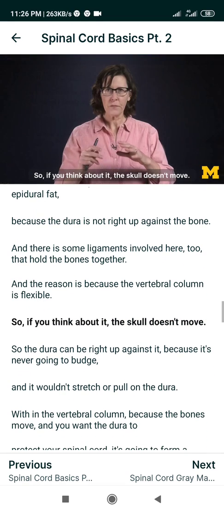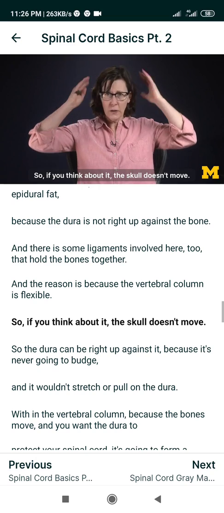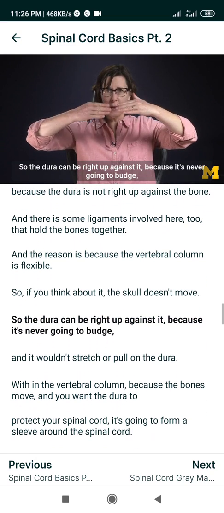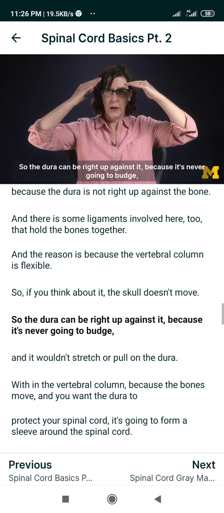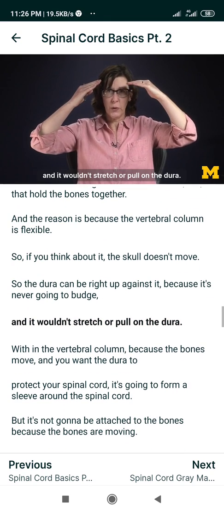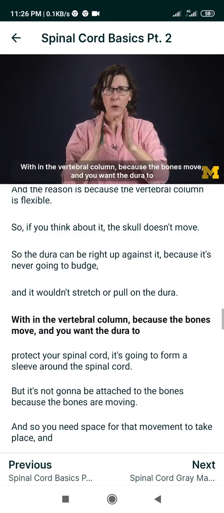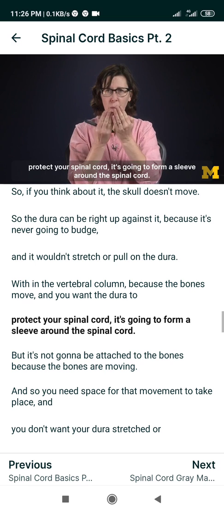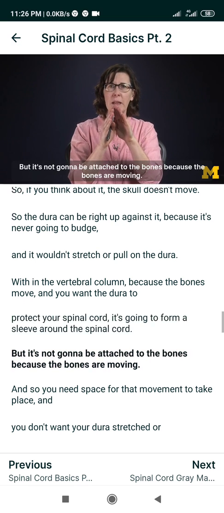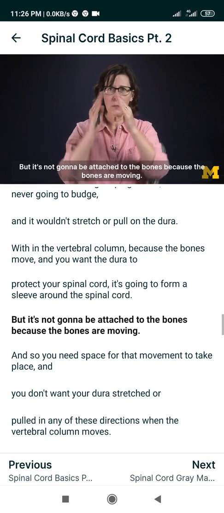If you think about it, the skull doesn't move, so the dura can be right up against it because it's never going to budge, and it wouldn't stretch or pull on the dura. Within the vertebral column, because the bones move and you want the dura to protect your spinal cord, it forms a sleeve around the spinal cord, but it's not attached to the bones because the bones are moving.